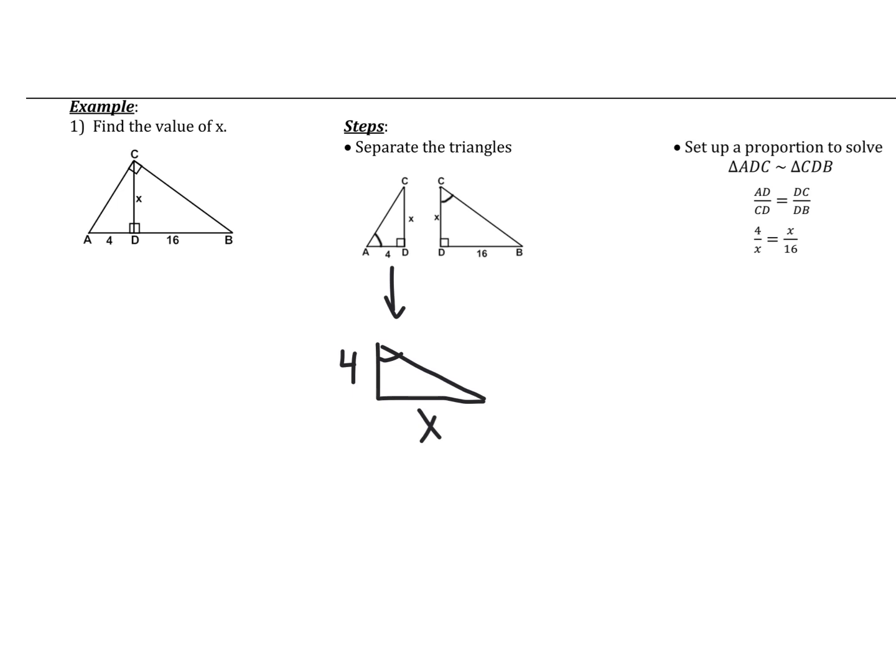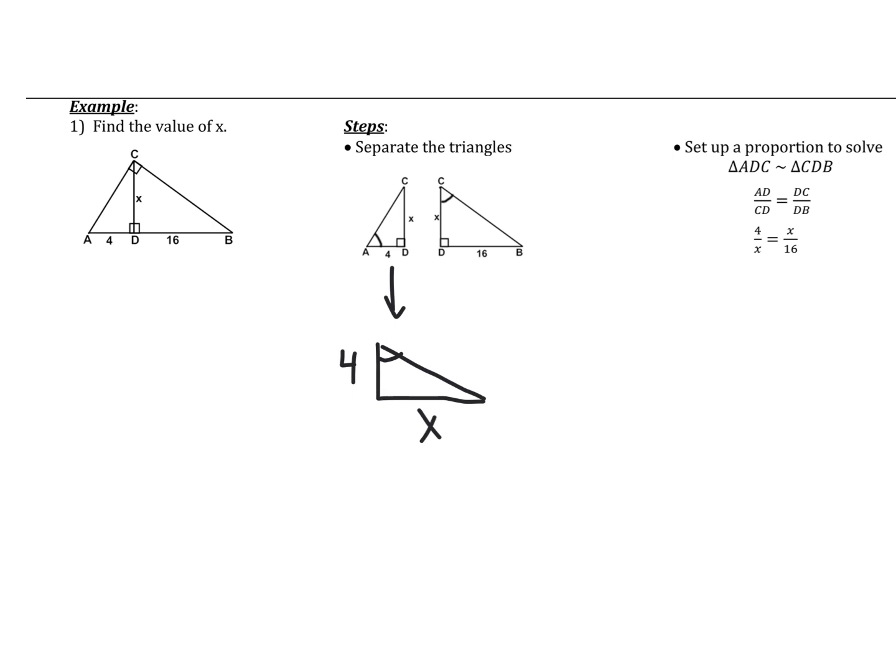And this is stuff that's on your worksheet, but I'm just going to show it to you a little differently here. If you look at this example, they want us to find the value of x. So more so what they're going to ask us to do is find the value of a side length. What you can do, the book just separated the triangles.